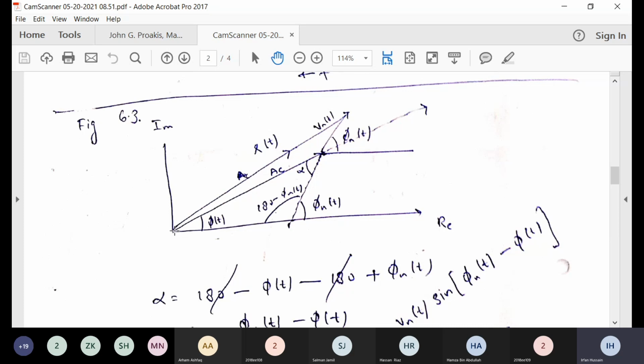By the property of shifting of vectors, you can just shift the vector here, so it makes an angle phi_n(t). So the resultant vector will be the sum of Ac plus V_n, so that will be your R(t) vector.